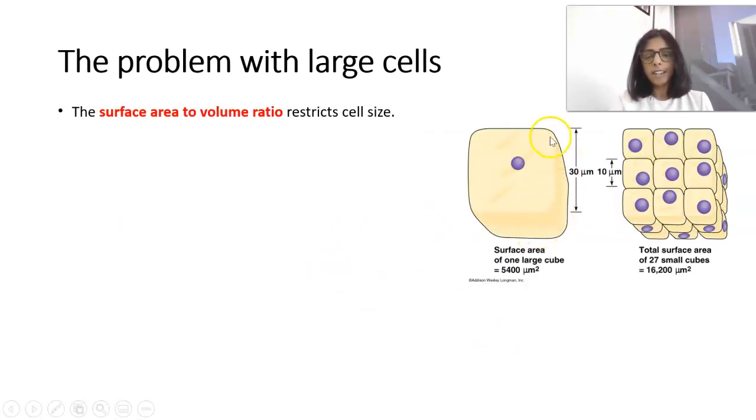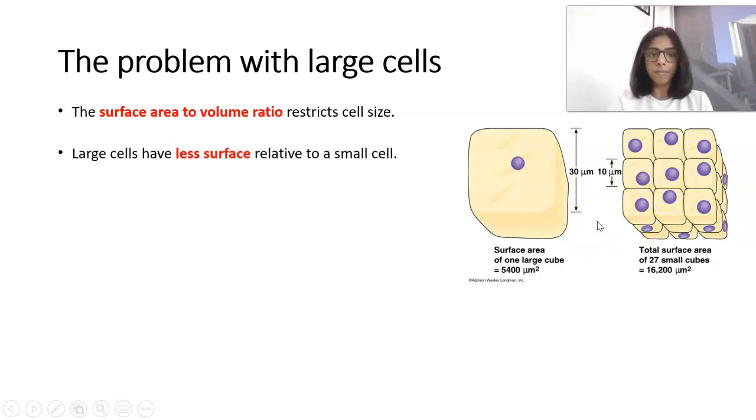So again, let's look at this. Let's just imagine this cube is representing a cell. A small surface area to volume ratio isn't a great thing for human cells. So cell size in humans is restricted to an upper limit.